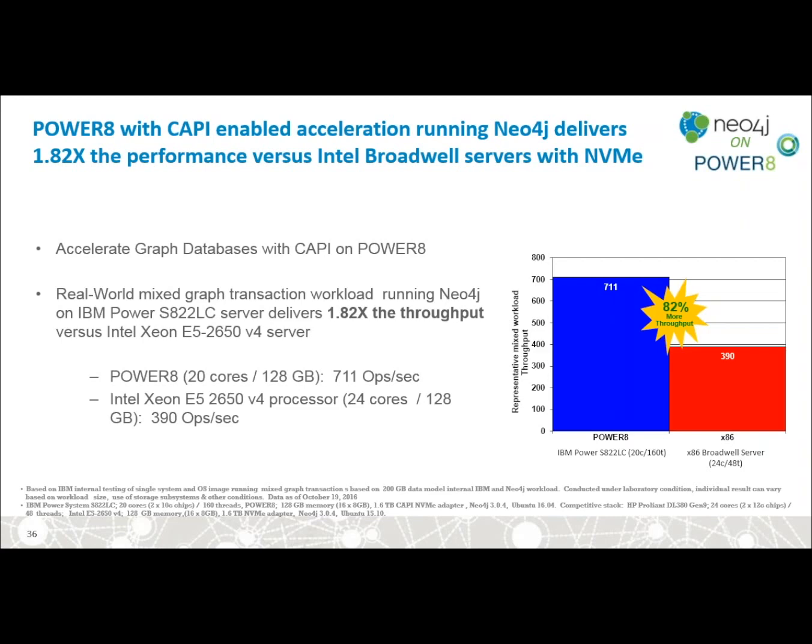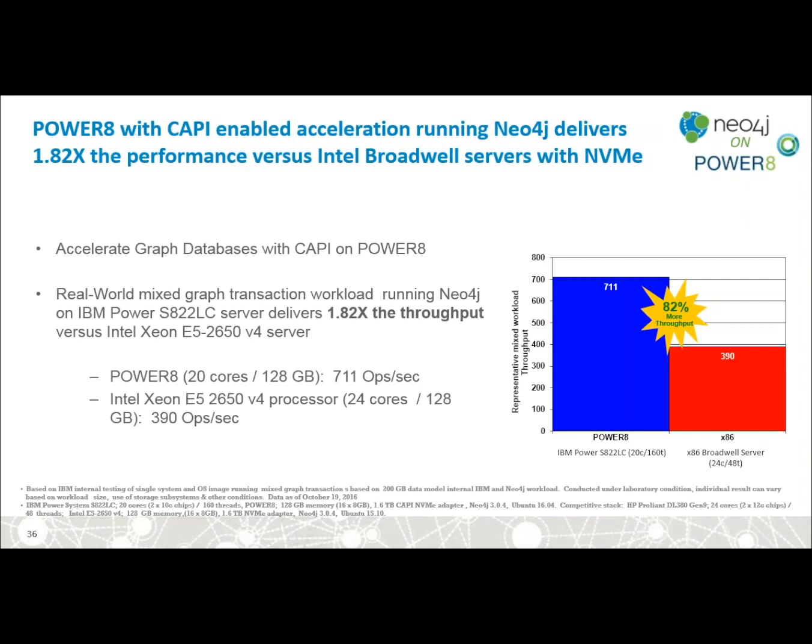And again, the way we tried to exercise the I/O was to take a 200 gigabyte data size, right? So the data doesn't fit in memory, so there is data that is on the flash. And what we see is in terms of throughput, we have an 82% more throughput than x86.